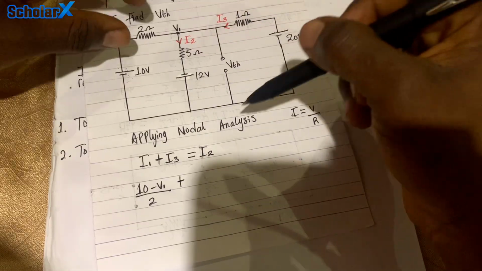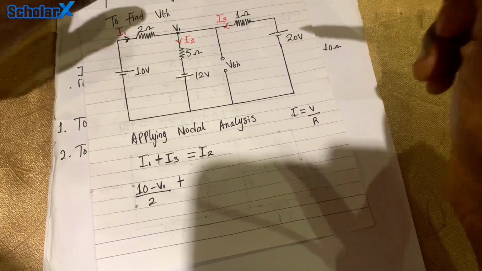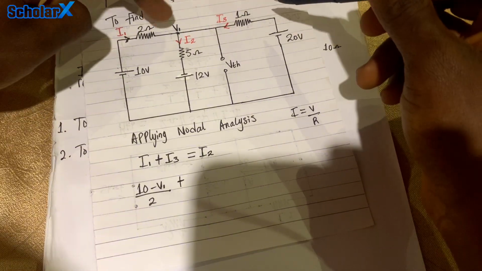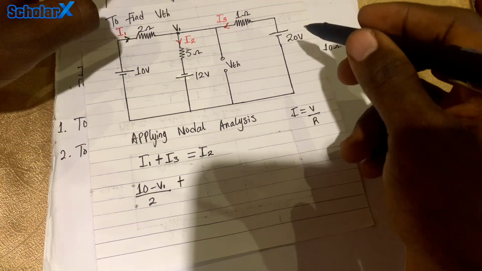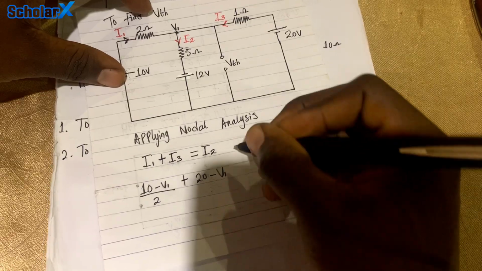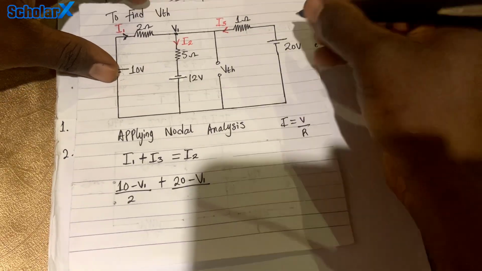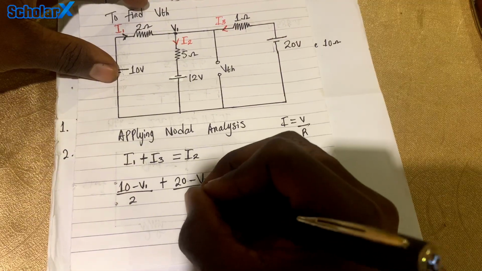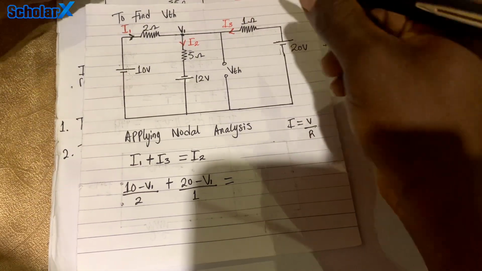for this, which is I3. We know there's a higher potential here than here. So it's going to be 20 minus V1 over the resistance, which is 1, is equal to I2. What's I2?